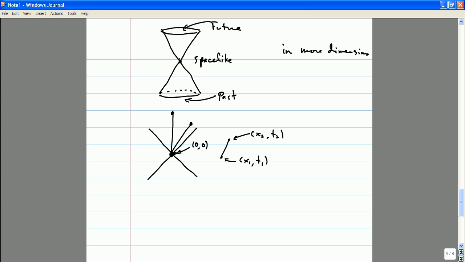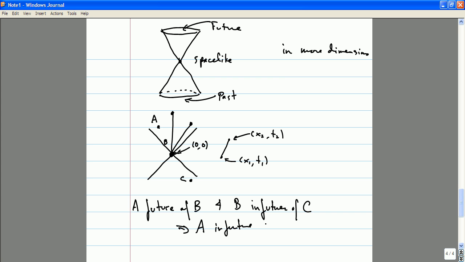If you have one event which is in the future of the event at the origin, and another event which is in the past, then you can always show that, if you call these events A, B, and C, if A is in the future of B, and B is in the future of C, then that implies that A is in the future of C.